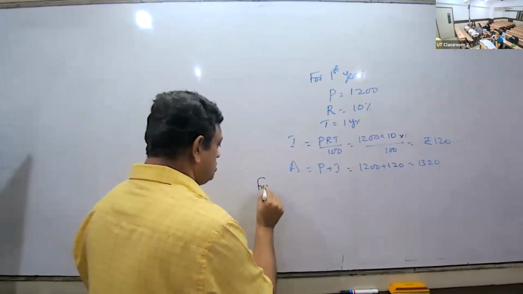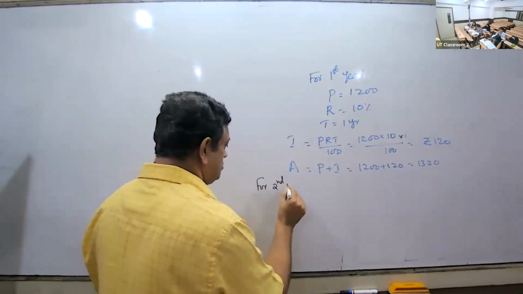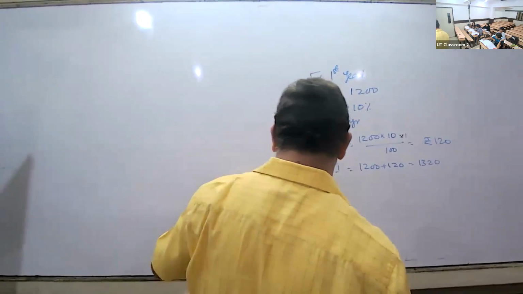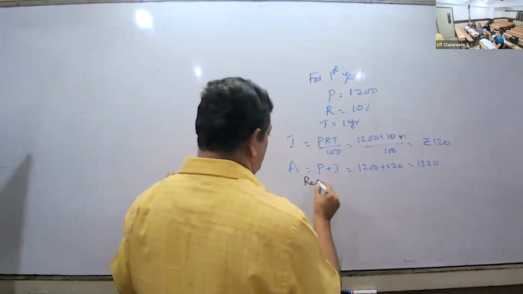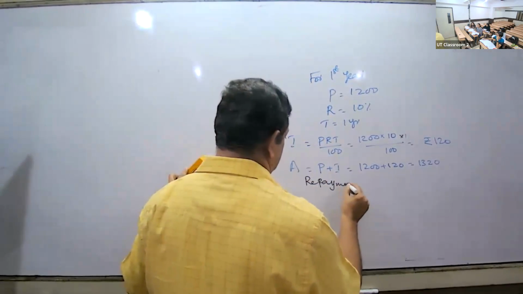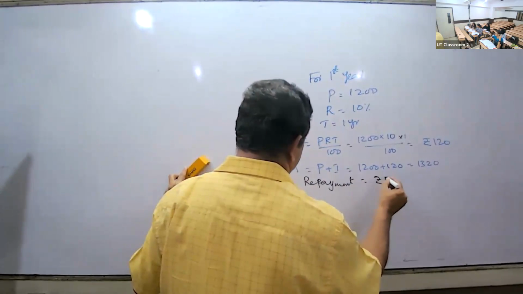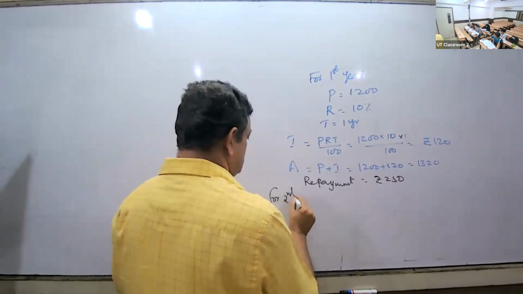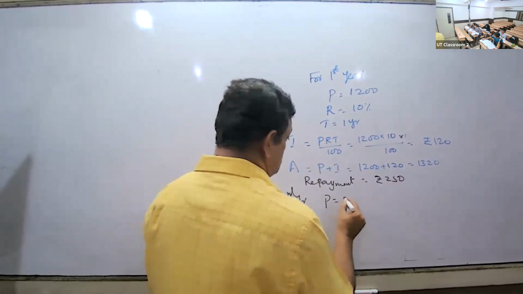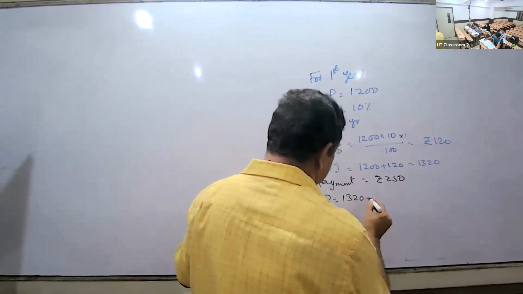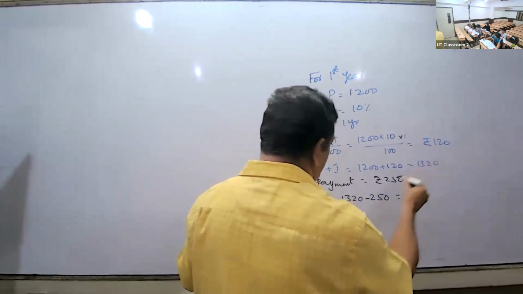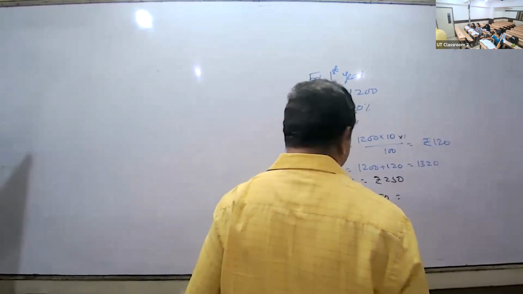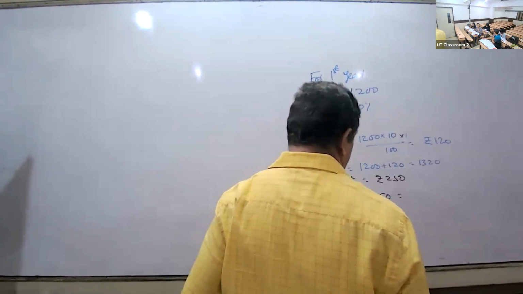Next is for the second year. But before that, one more step: we have to subtract the repayment. How much is the repayment? 250. Now we will write for the second year. Principal is equal to 1320 minus 250, amount minus whatever is paid. How much? 1,070.